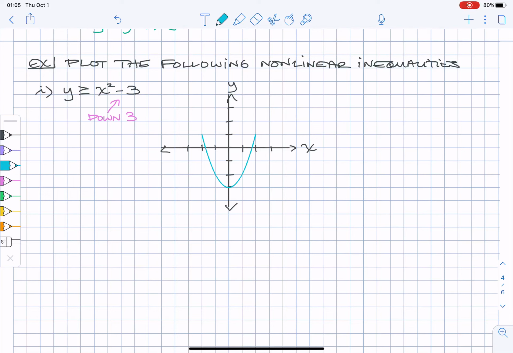Actually, maybe I'm going to try and make it a bit larger.